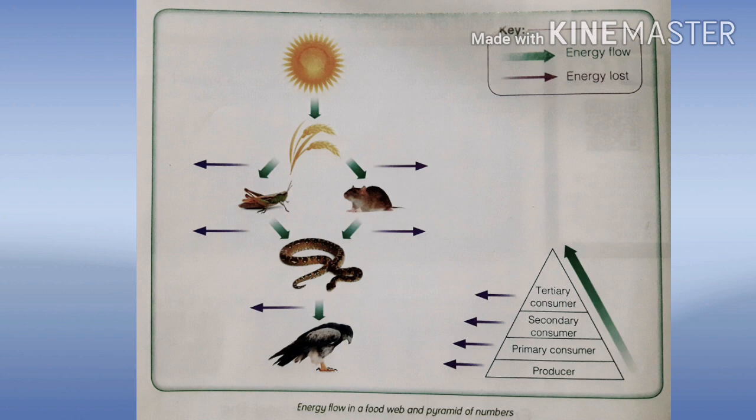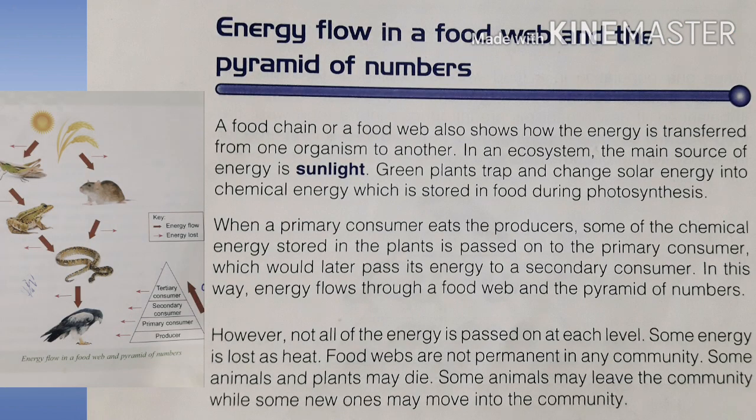How does energy flow in a food web and a pyramid of numbers? Let us remember, a food chain or a food web also shows how energy is transferred from one organism to another. In an ecosystem, the main source of energy is sunlight, so that producers like plants can grow and obtain their own energy to manufacture their own food.